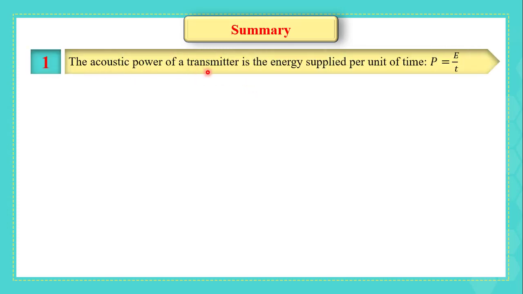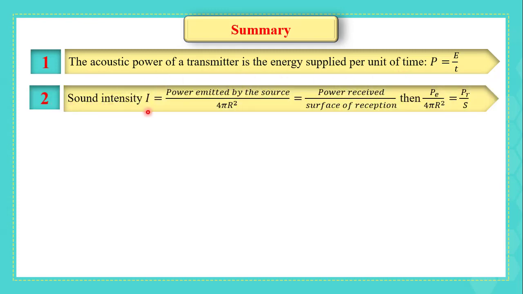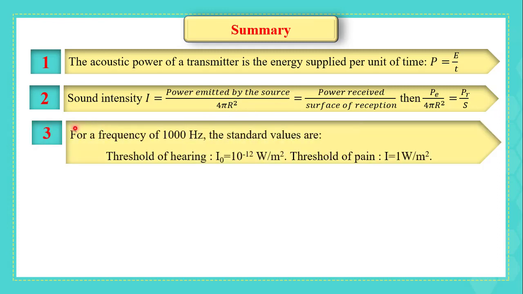Here we finish this video. As usual, we will sum up what we took. First, the acoustic power of a transmitter is the energy supplied per unit of time. Second, the sound intensity I is equal to the power emitted by the source over 4 pi r squared.